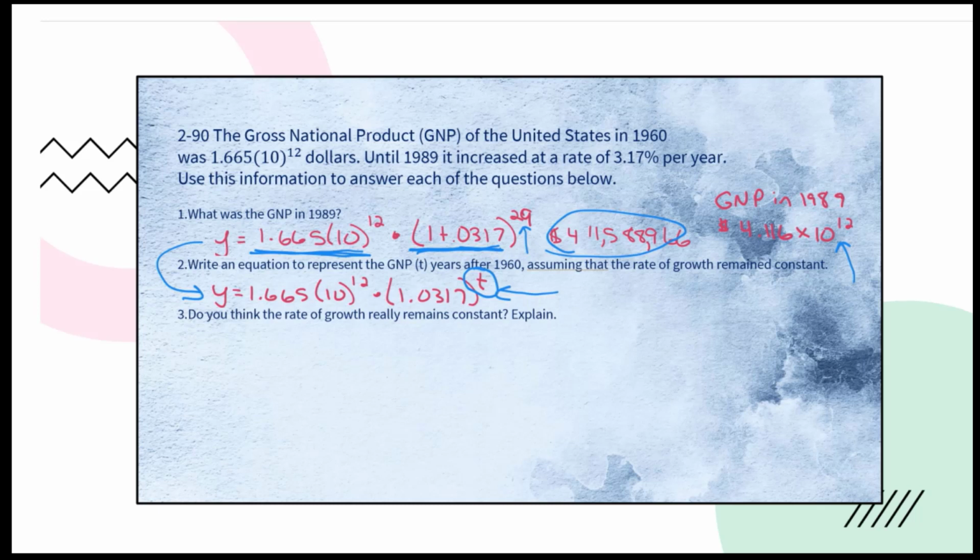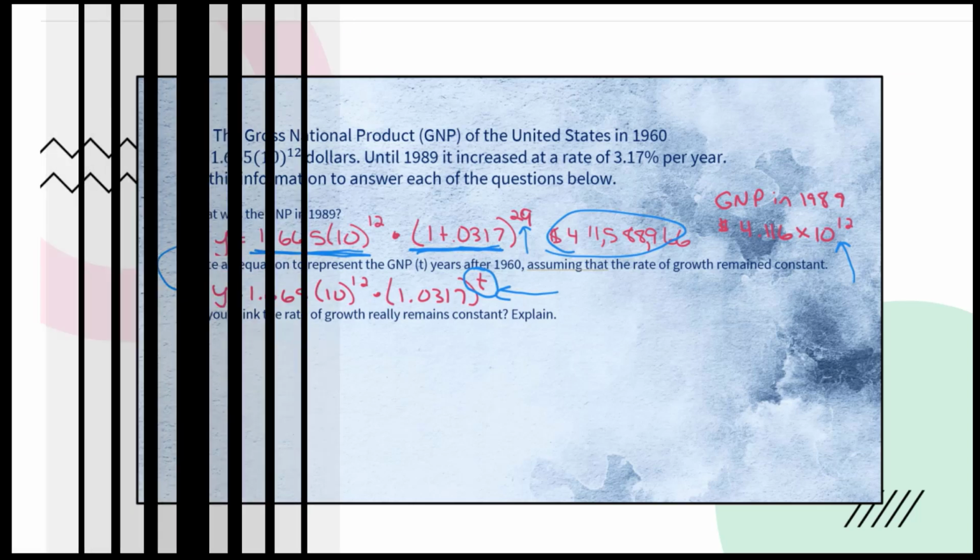And just with the economic situations of our world, it's not always easy to predict. And so it can be constant for a while, but there are things that disrupt it. So it's not necessarily something that you can bank on forever. But it is something you can pay attention to, especially as you watch the way the world economy goes. So that answers the question for 2-90.